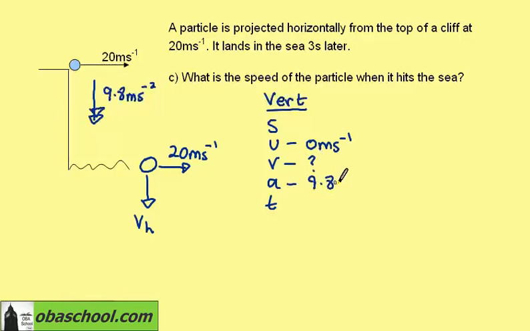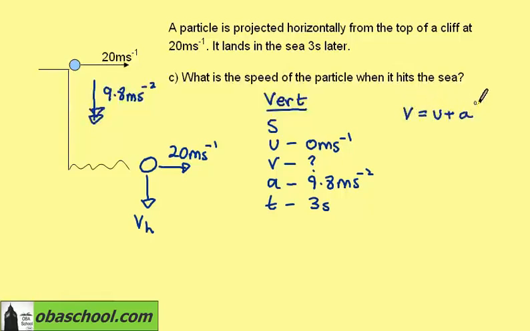The acceleration is 9.8 meters per second squared, and the time is 3 seconds. Of course, we could have used the distance 44.1, as we found in part A, but if we can, it's better to use information given to us, as opposed to information that we've calculated.